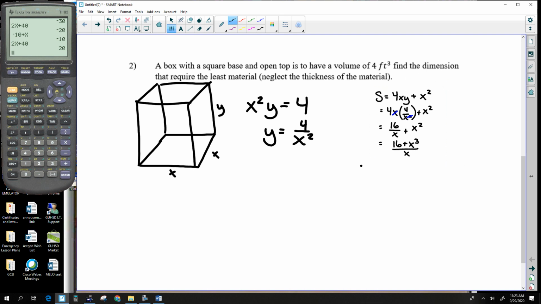Okay, critical number time, so we go with the derivative, and that's bottoms up: derivative of the top, minus, leave the top alone, derivative of the bottom is 1, divided by the bottom squared.